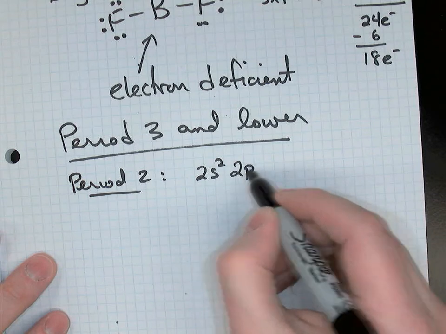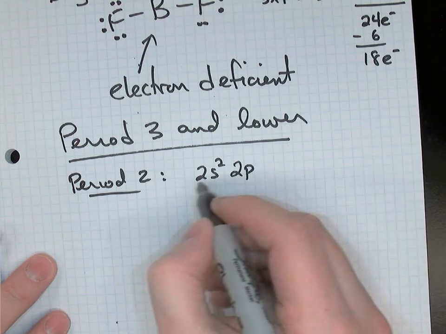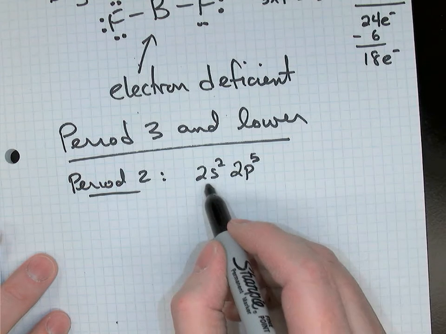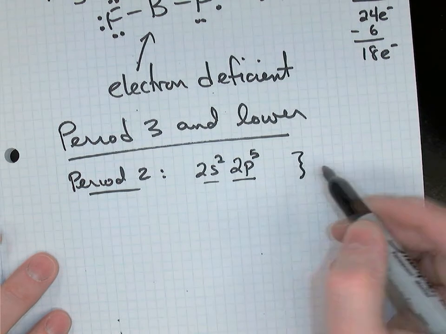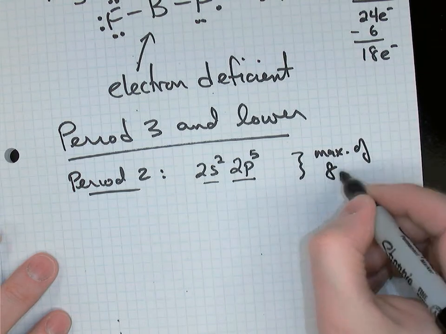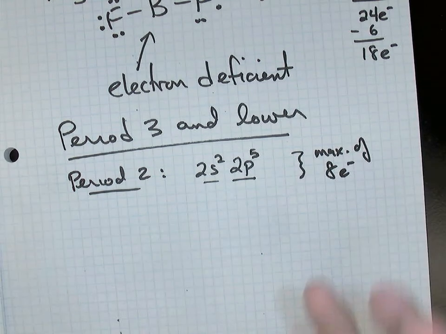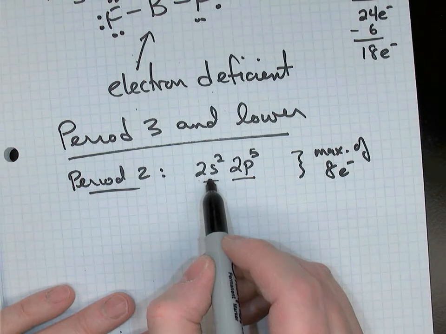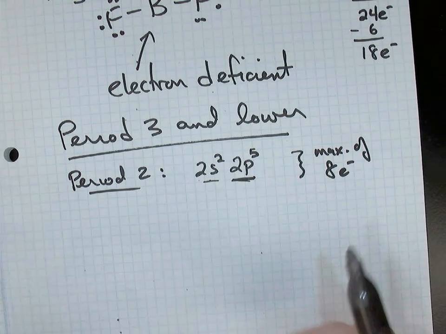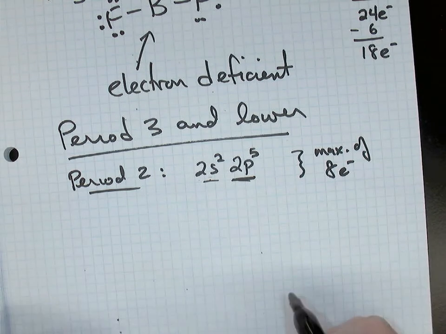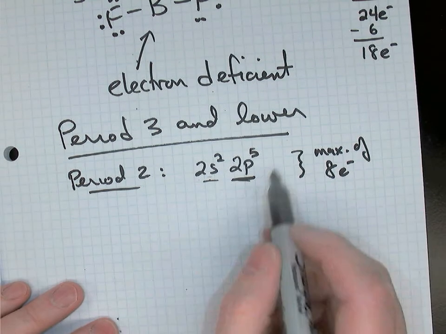So for example, fluorine, 2s2, 2p5. 2s and 2p means that you can have a maximum of 8 electrons in those two subshells, right? 2s can hold only 2 electrons, 2p could hold up to 6, so we can never have more than 8 electrons, and thus the octet rule comes for period 2 elements.